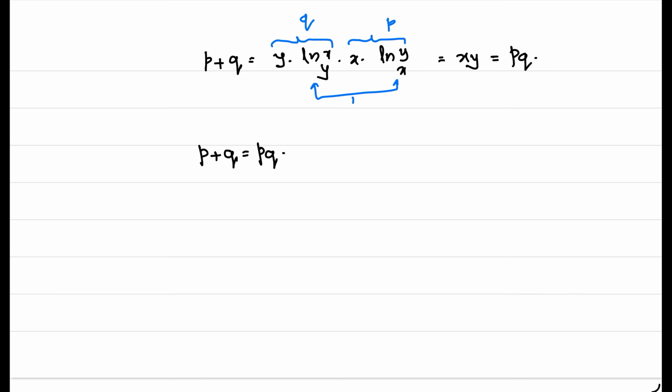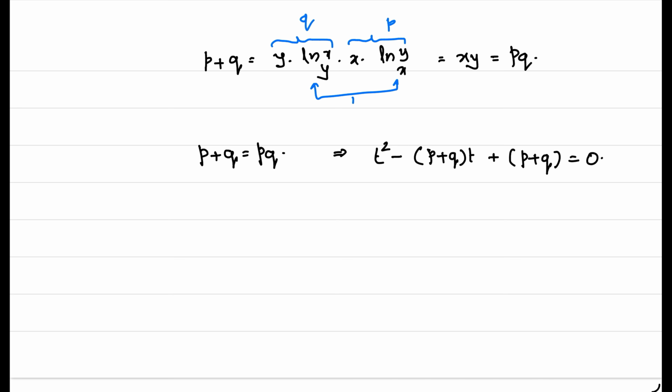And when the sum is equal to the product, we can express it as a quadratic equation: t squared minus (P plus Q) t plus (P plus Q) is equal to 0.